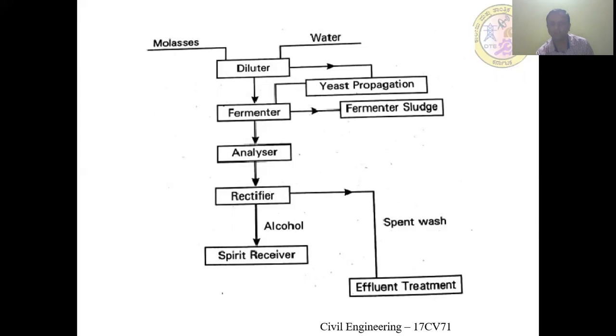Later you take out the sludge, and it goes to the analyzer. The next step is the rectifier, where alcohol is separated and spent wash goes for effluent treatment.